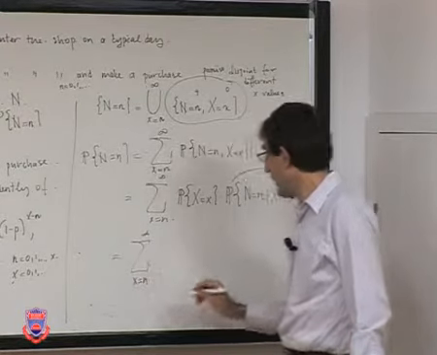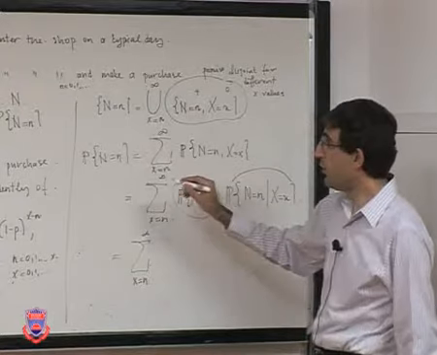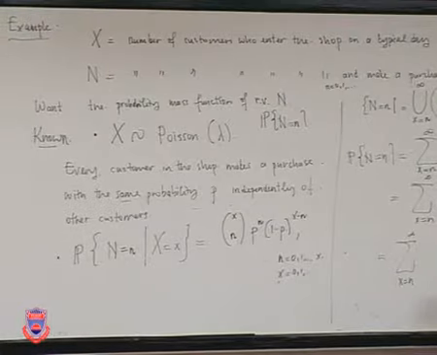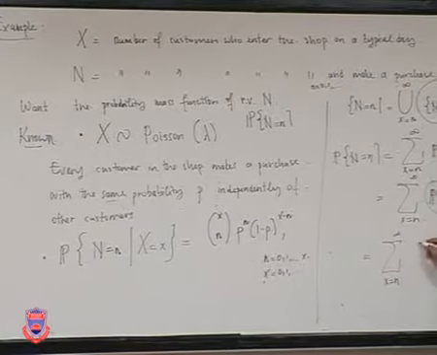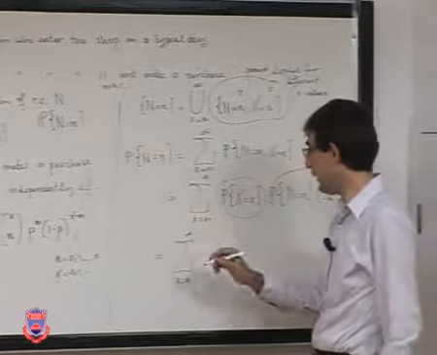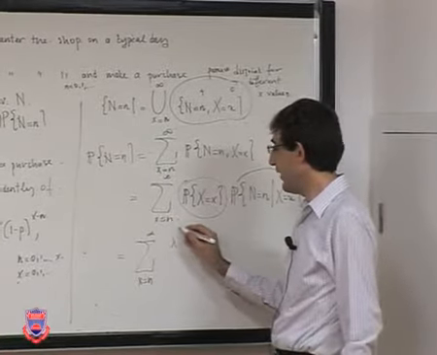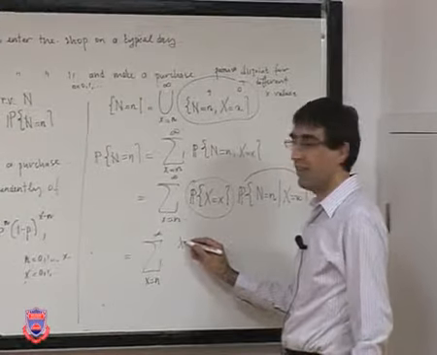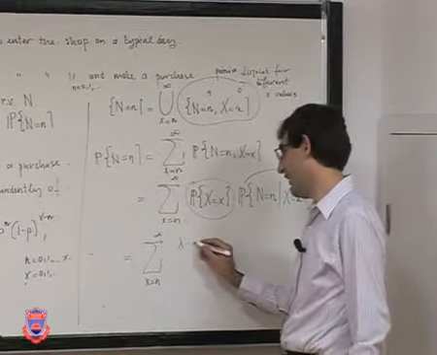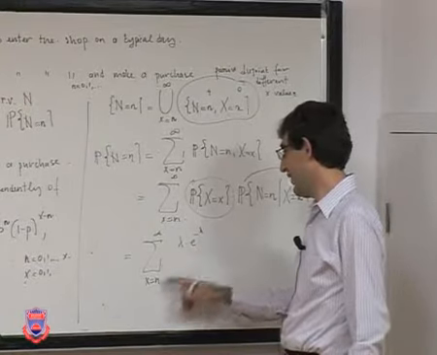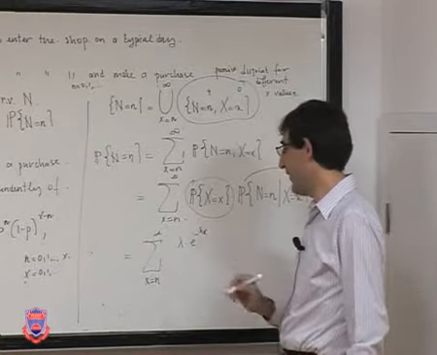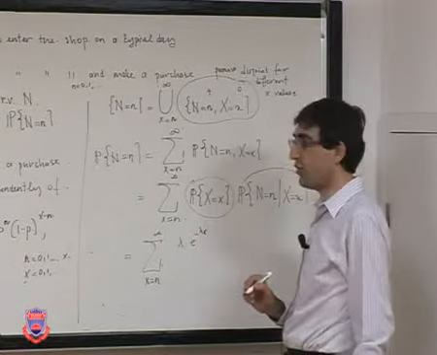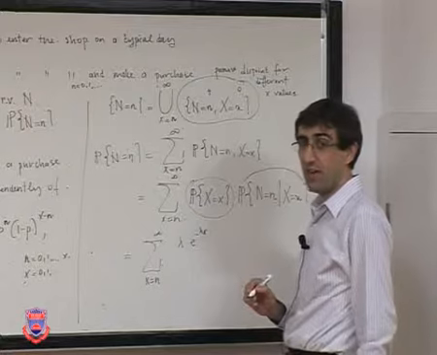Okay. Now, what is this? Now you remind yourselves what the probability mass function for a Poisson random variable looks like, right? It is, if the rate is lambda, lambda times, okay, this x. Now, this looks to me like the density function of an exponential, if x is the variable.